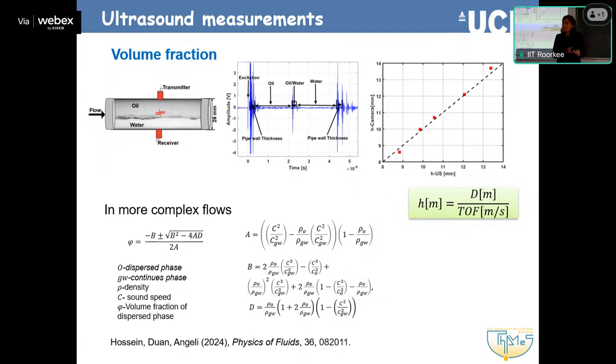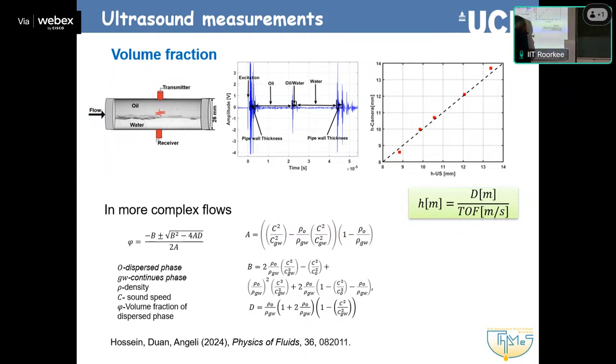This is to get the height, but we can also get the volume fraction. I will not go into too much detail, just to give you how it works, and there are a lot more details in the literature. The speed of sound in a medium depends mainly on the density of the medium and the acoustic impedance, but it varies kind of linearly.